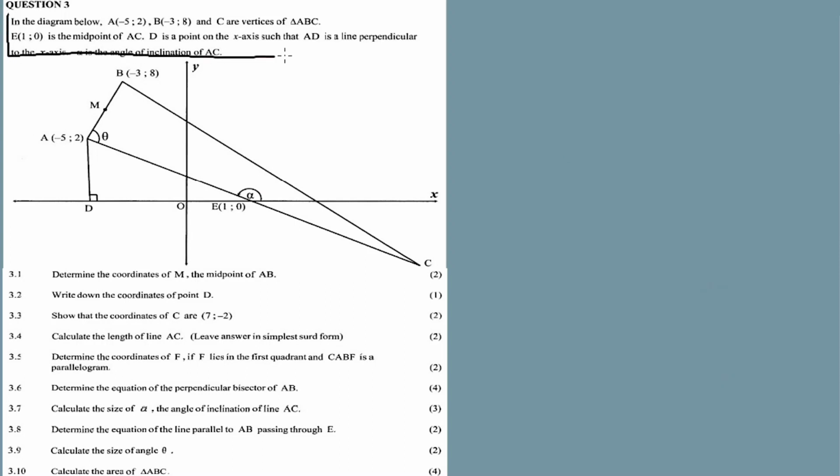Make sure you read and understand the statement. For any question, wherever you have a statement, make sure you read it, because that's where you find the information. Let's say the statement tells you that M is the midpoint, then you calculate the coordinates of M as a midpoint. Or they tell you that M is not the midpoint of AB, and if you assume that M is the midpoint, then we calculate it as a midpoint and get it wrong.